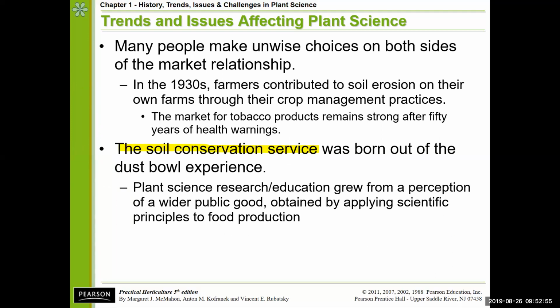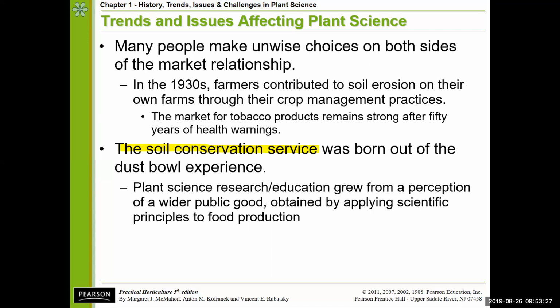Looking at some of this throughout history, one of the issues that is, I think, most obvious is just the poor uses of soil. So in the 30s, we have the issues of soil erosion due to mismanagement of the soil over time, which created the whole Soil Conservation Service, born out of the Dust Bowl experience.